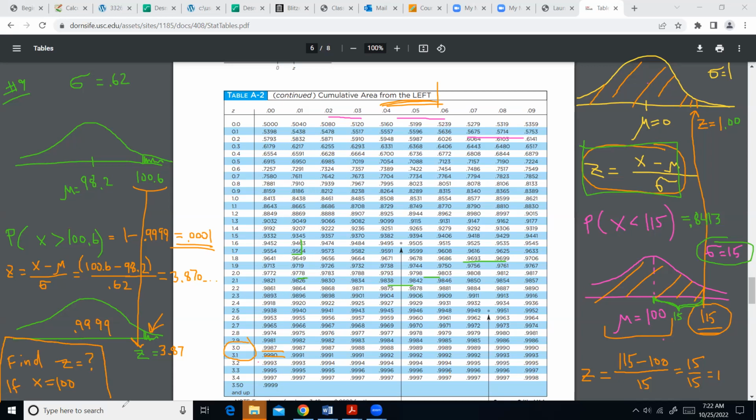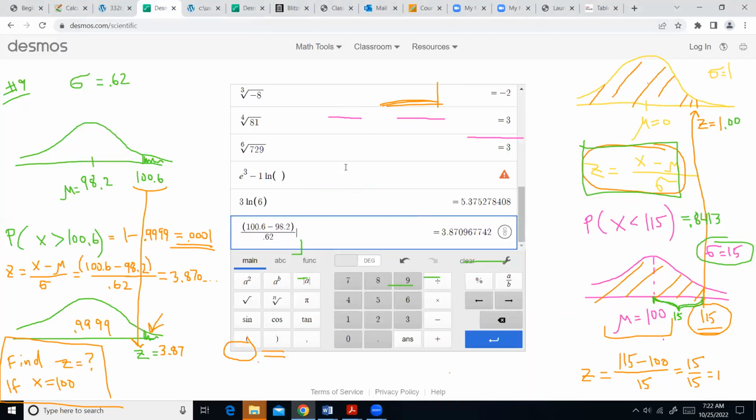So what you should do is get the calculator so you can see what I just did here. And the calculator, where's my calculator? Here it is. So you need to calculate the z-score, exactly the same thing that I just produced for the exercise.